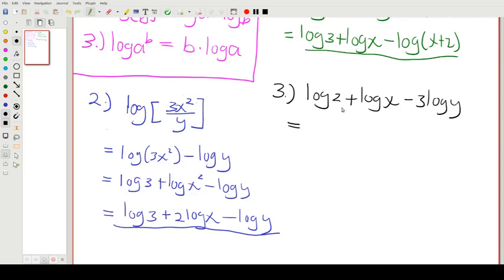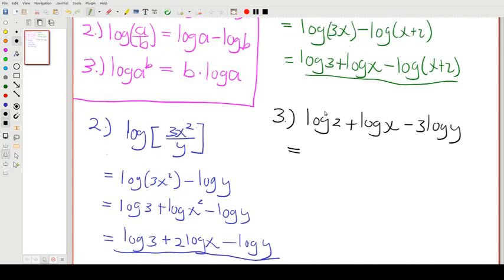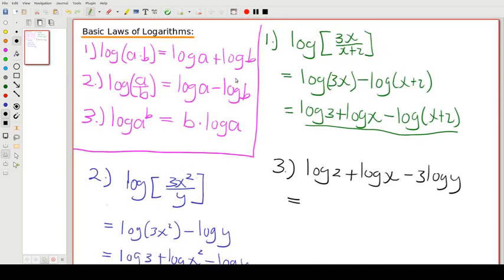Now we see here we've got things we're adding, so that's going to be rule number one in reverse. We've got logs of two different things added, so we're going to make that into a log of one thing being multiplied. So here we have log, and now the two things that were added, we multiply them, so 2x.